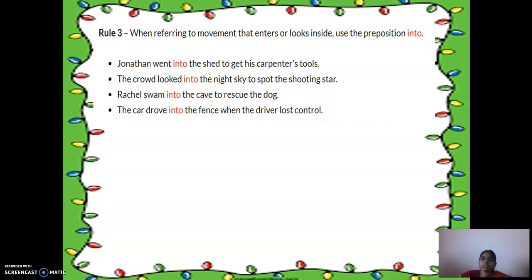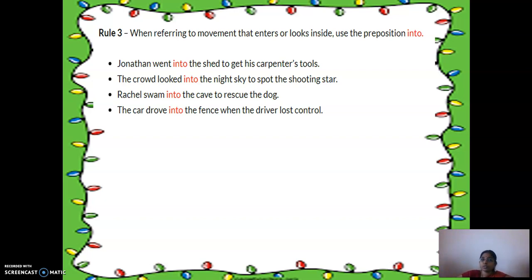Rule number 3 is when referring to the movement that enters or looks inside. Okay, already in is there. So into, now into. What is the difference between in and into? Refer and tell me what is the difference between in and into.